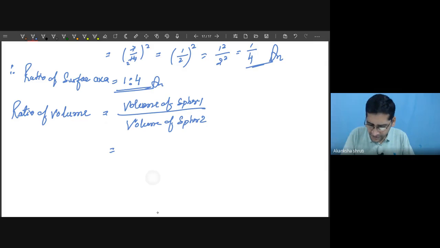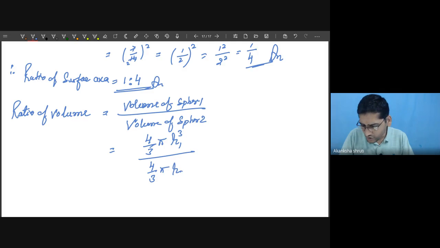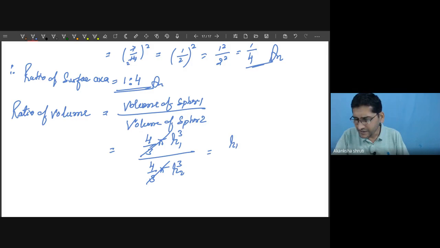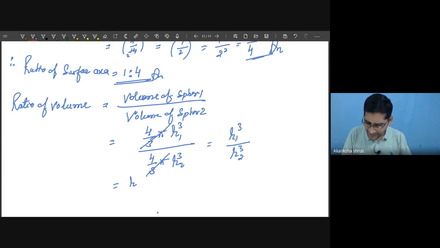What is the formula that we have written? 4 by 3 pi r1 cube, and in the denominator also 4 by 3 pi r2 cube. Students, 4 by 3 is the same kind of factor in both numerator and denominator, so it is cancelled. It is r1 cube by r2 cube, or r1 by r2 whole cube.